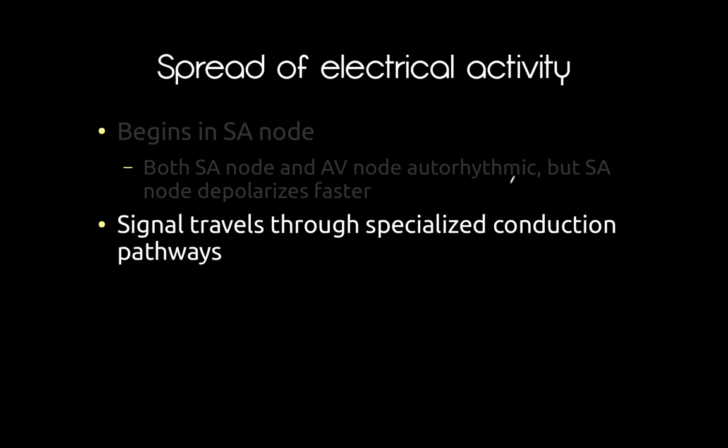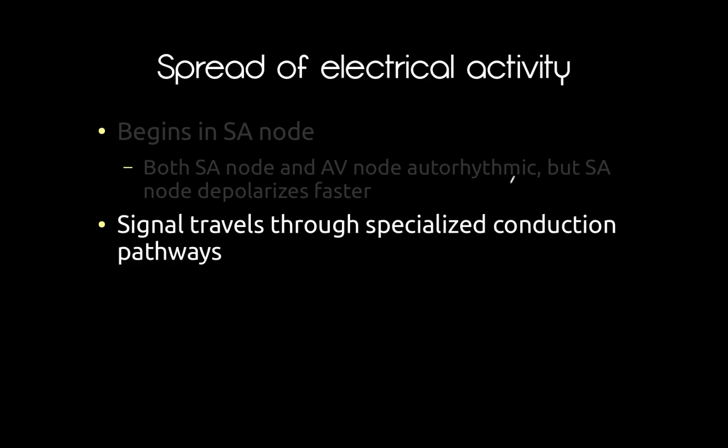which means that they will reach threshold quicker. So we essentially have these cells running throughout the heart that will come to threshold more quickly than the rest of the cardiac muscle cells. And those provide this very quick transduction of that signal throughout the heart before the rest of the cardiac muscle contracts.